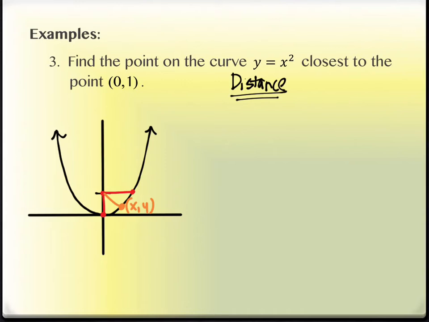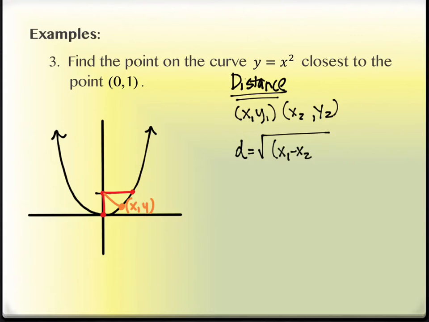So what is the distance formula between 2 points? We'll just use arbitrary points for the moment, x1, y1, so that you can remember that formula, and x2, y2. What's the distance between those 2 points? Okay, so let me remind you in case you have forgotten this one.